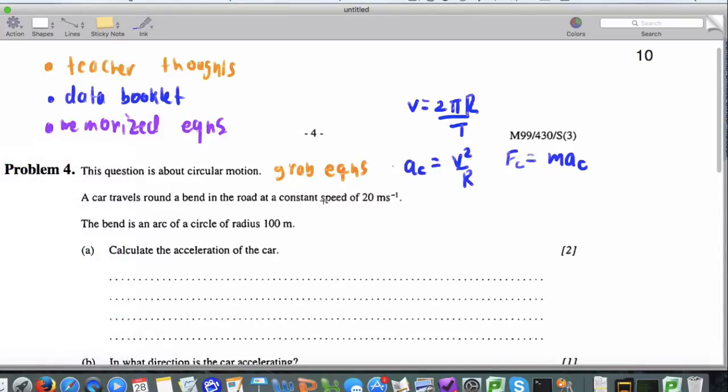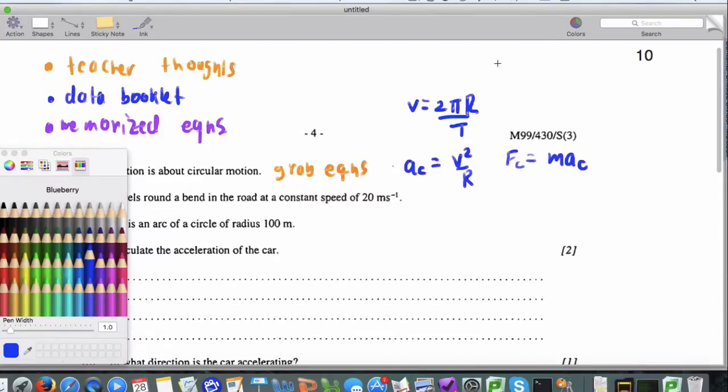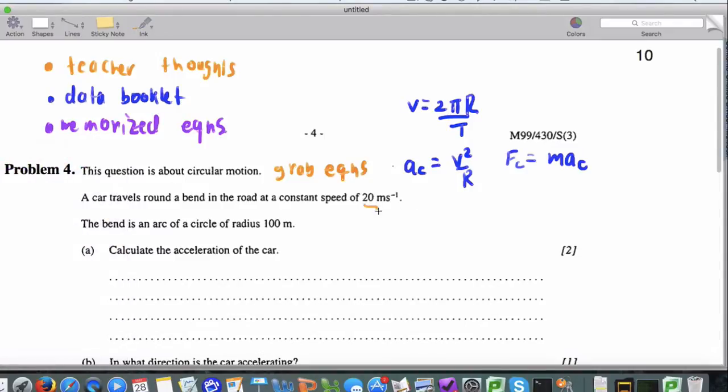So let's go ahead, and what I want to do is label my letters just to be clear. So constant speed of v and a radius r of 100 meters. Now, I don't think this question pops up in this particular paper 3 question, but I do want to address one small point here.